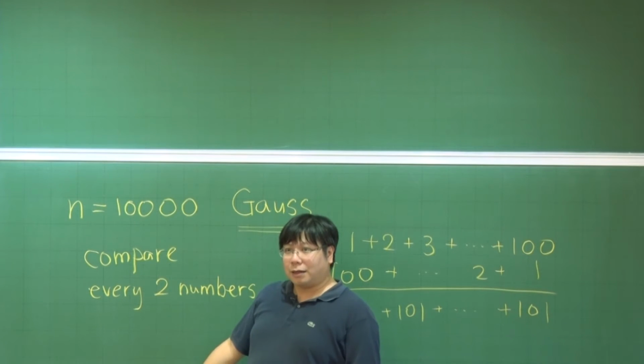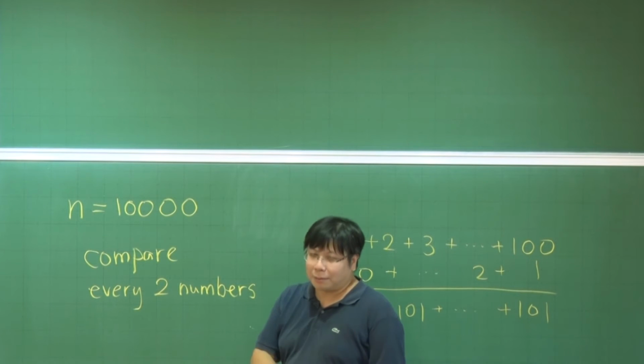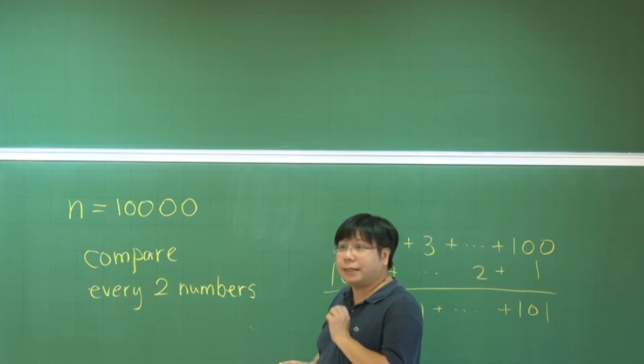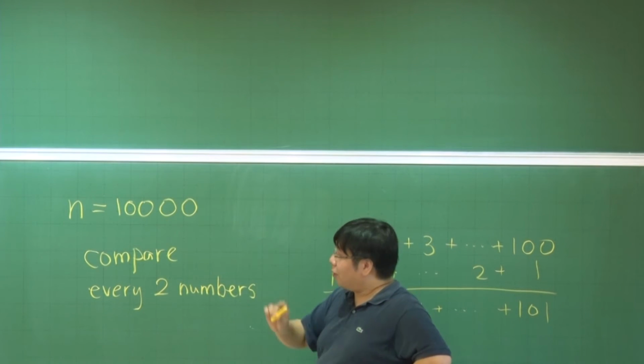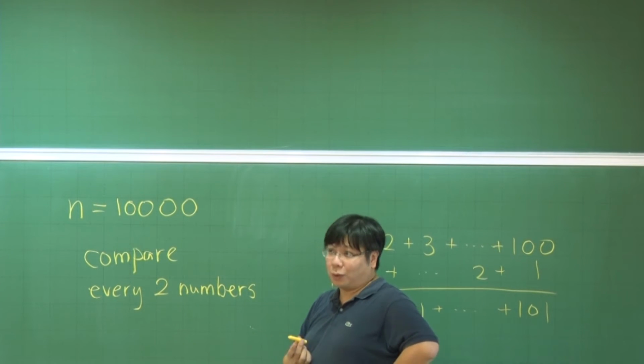If n is getting larger and larger, then maybe you are needing something like 10 to the power 8 operations, roughly, and then maybe your computer can still solve it in less than 1 second.